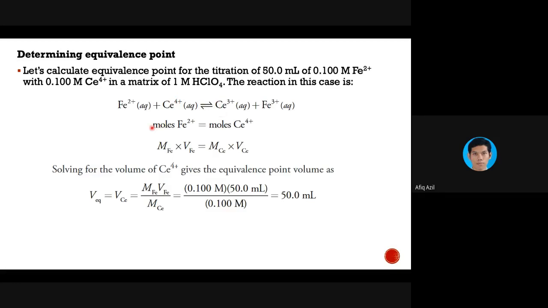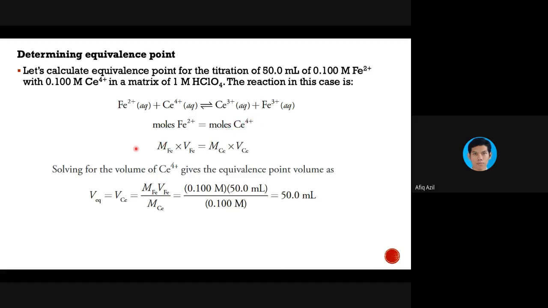So we can say that the moles of iron 2 plus is the same as the number of moles for cerium 4 plus. Okay, mole will be the same, like 1 mole with 1 mole, but the concentration and the volume could be different. So what you have to find out is the volume for Ce4 plus, or cerium 4 plus.